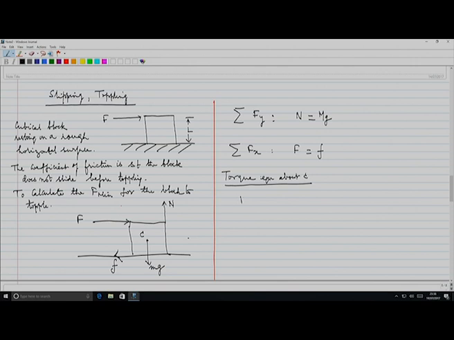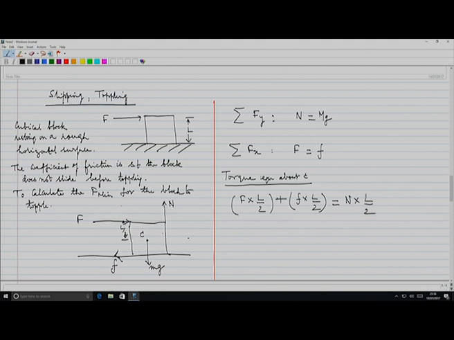So F into L by 2, this distance is L by 2, plus f into L by 2 is equal to the normal reaction N into L by 2.